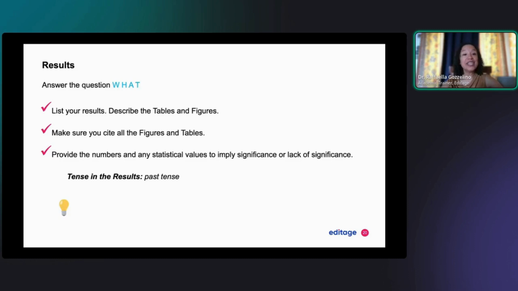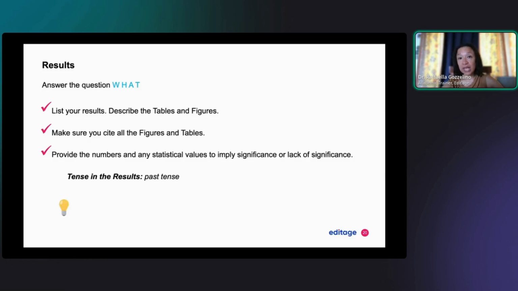You need to list the results and describe the tables and the figures. You need to make sure that you cite all the figures and the tables in the text, because sometimes it is not done, and then there are always reviewers that can point it out. And then provide the numbers and any statistical values to imply the significance or lack of significance.